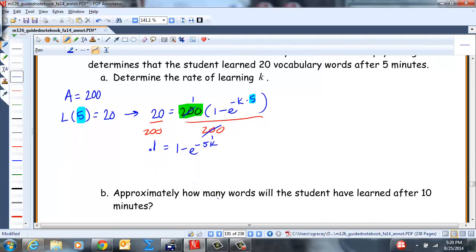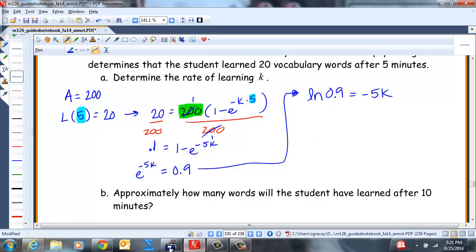So if I add the exponential to this side, e to the negative 5k is equal to 1 minus 1/10, which is 9/10. So we'll get 0.9. And switching to logarithmic form, we'll have natural log because we have a base of e. A logarithm is an exponent, so we'll get negative 5k, and what remains is 0.9.